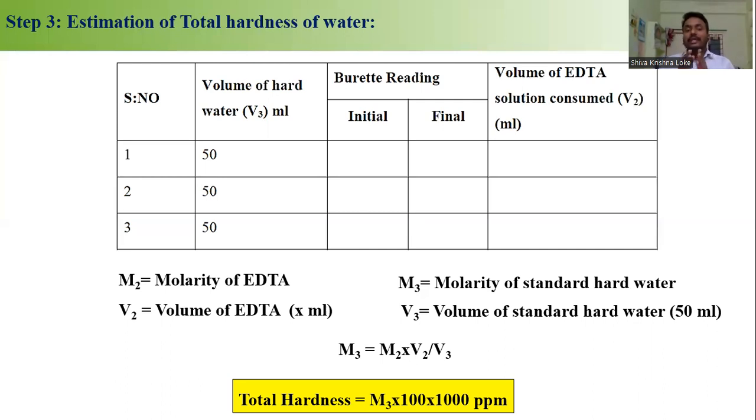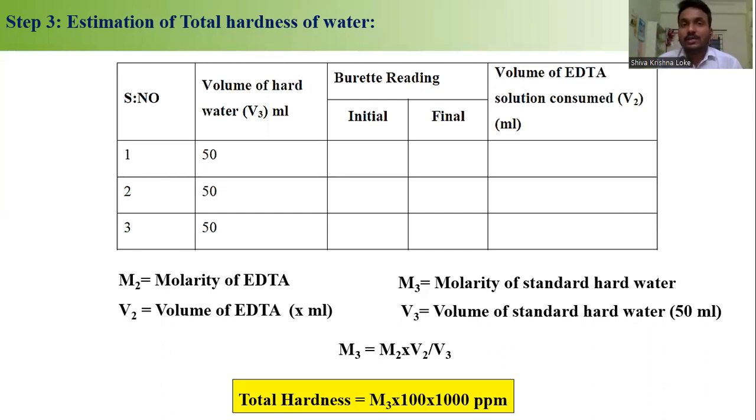After getting the molarity of the given water sample, we have to utilize this molarity value to determine the total hardness of the given water sample. Sir, what is the formula, sir? The total hardness equals the molarity of the given water sample into 100.